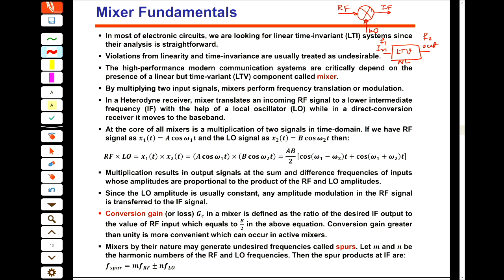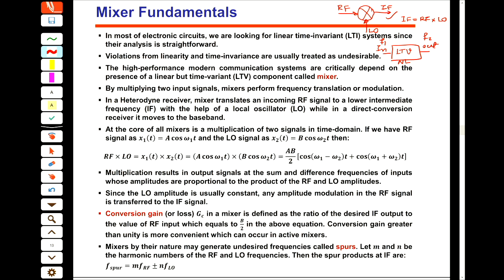I mean, these 2 could come from 1 port: RF and LO come from 1 port, and the IF is the output. So definitely this is the output, and these 2 could come from a single port or from individual ports. Okay? And then we say that this IF is RF multiplied by LO. This is what a mixer does.